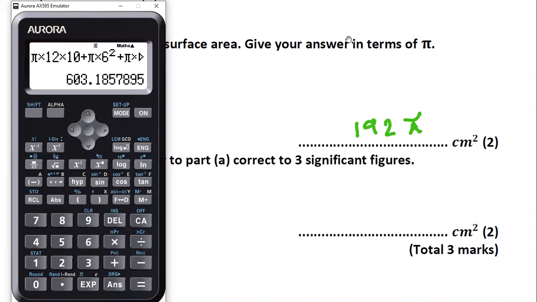As I'm interested in only up to the third most important digit, I will just look at this digit here, and as this is less than 5, I won't round it up. I will just leave it as 603 centimeters squared.